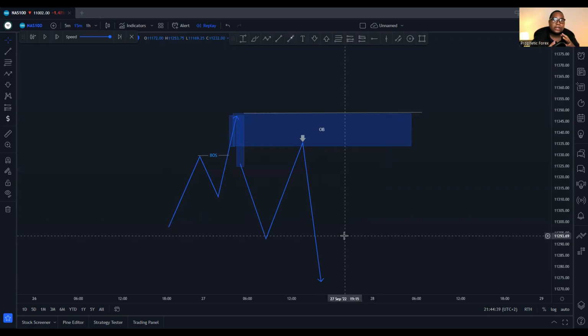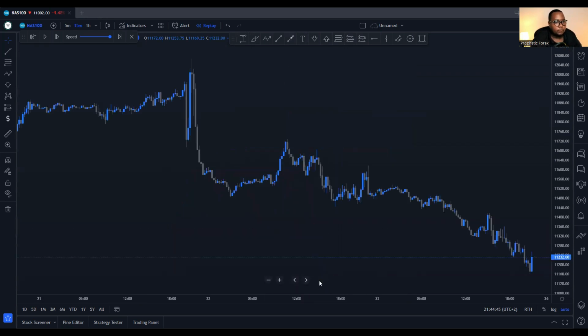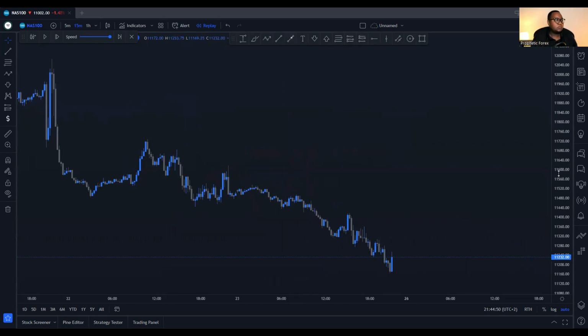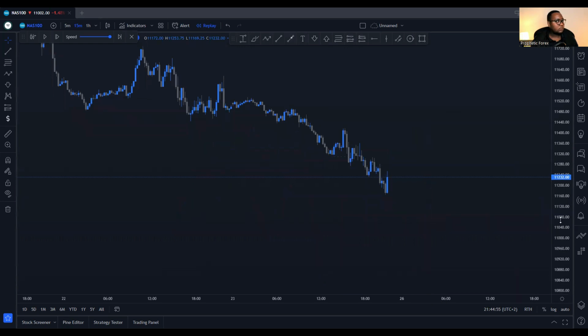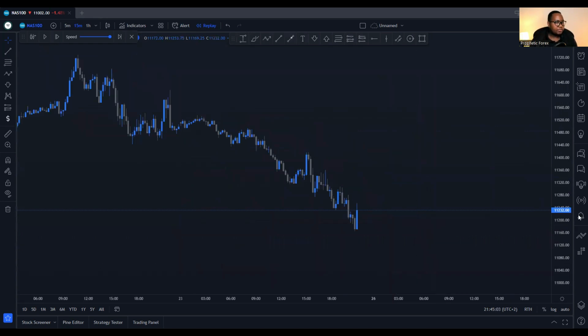Okay, now that we're done laying out the foundation, we want to go into the real-time examples of this, okay? Okay, family, I have a typical bearish market, as you can see.